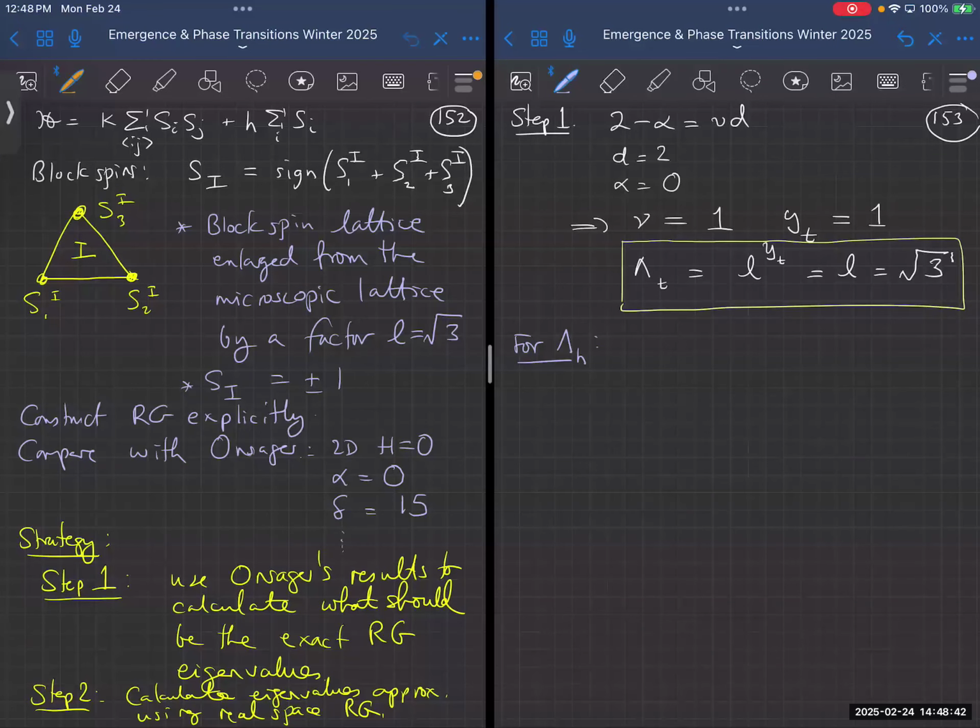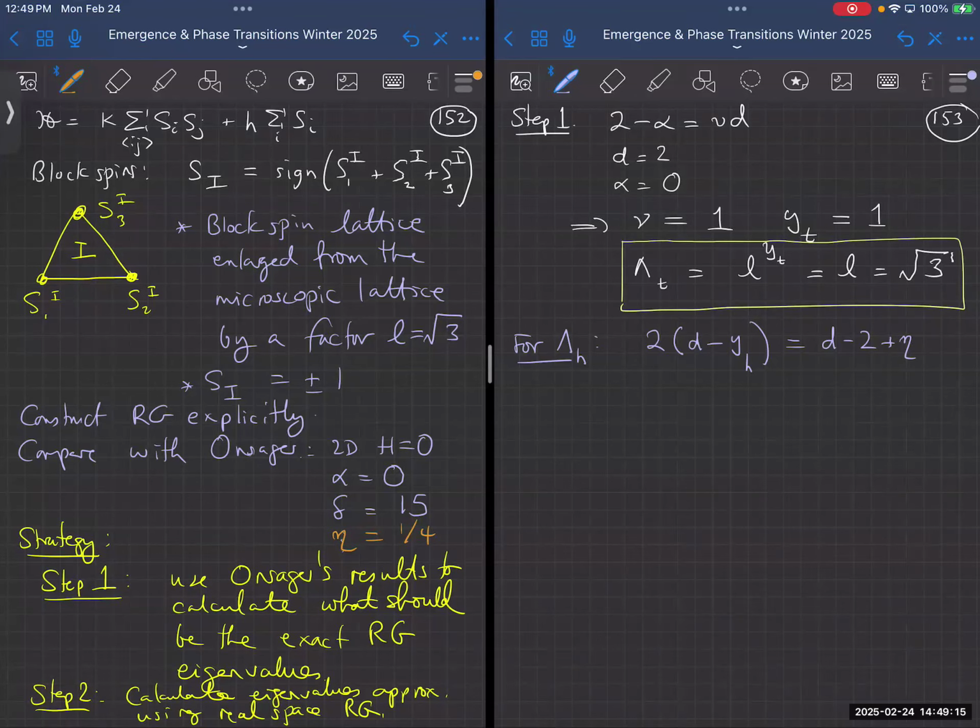how do we do that? Well, remember that there was a scaling law that we derived in a previous lecture, when we derived the correlation length scaling. So that was going as d minus 2 plus eta, and so we have that. Now, what Onsager showed is that eta is actually 1/4.